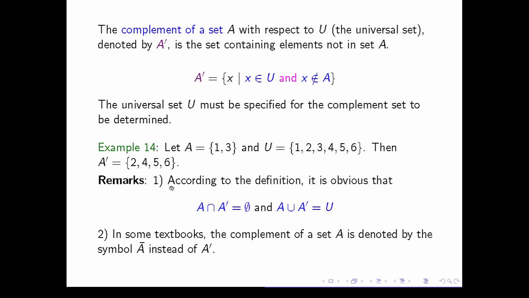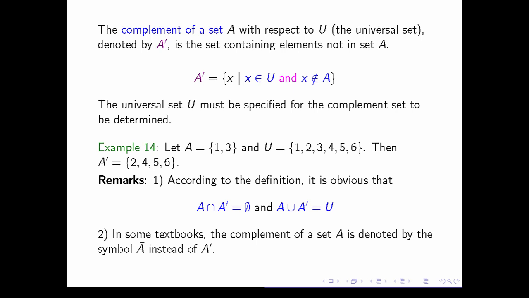There are 2 important remarks I want to make here. The first one is obvious. A set A and its complement A prime are always disjoint. They obviously don't have any common element, while their union is always the universal set. The second remark is just about the notation.